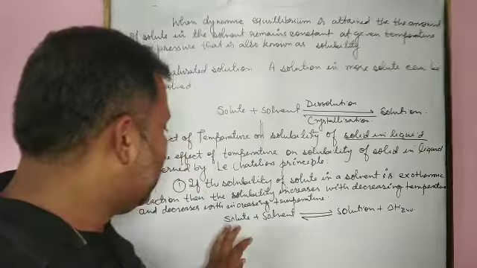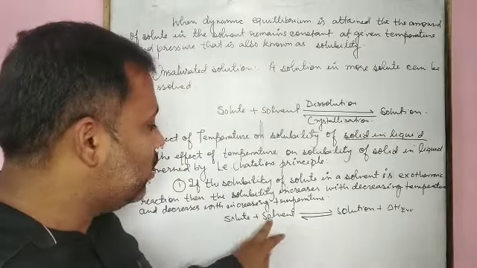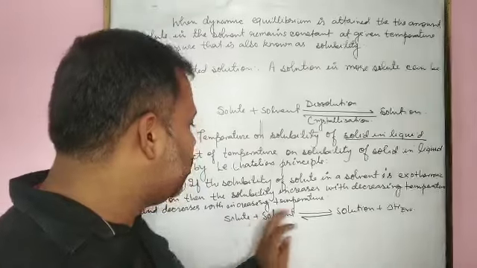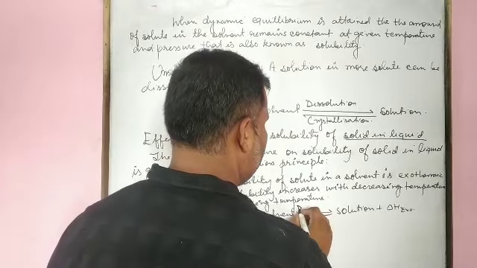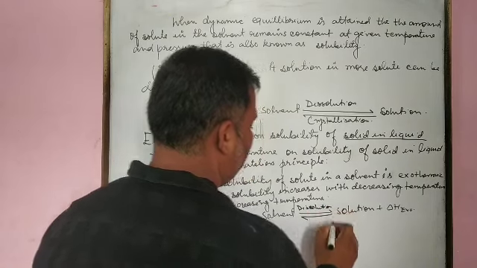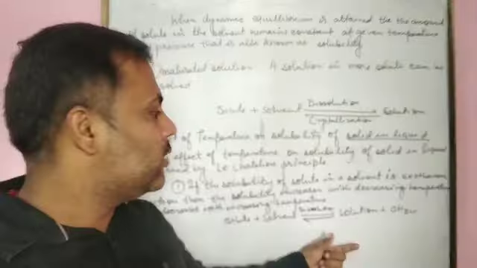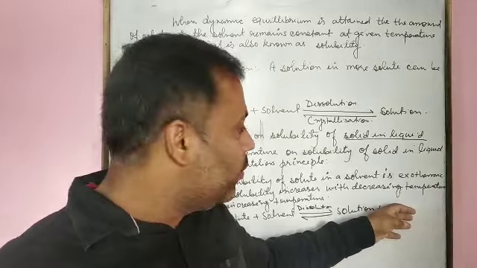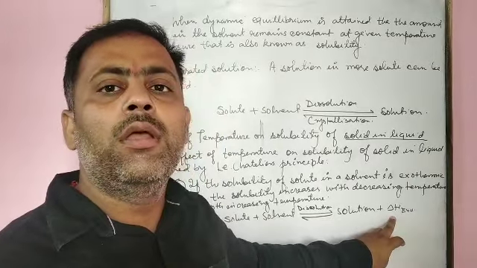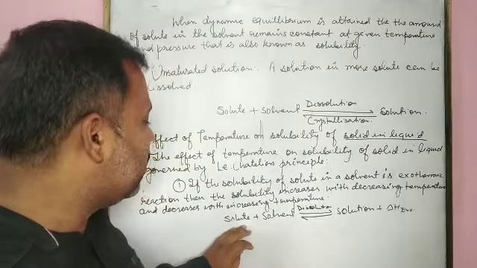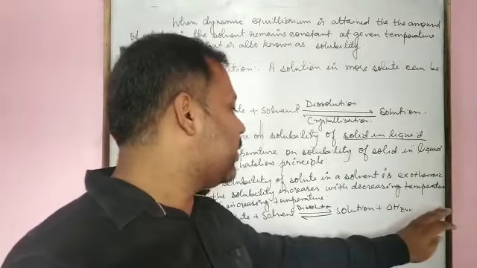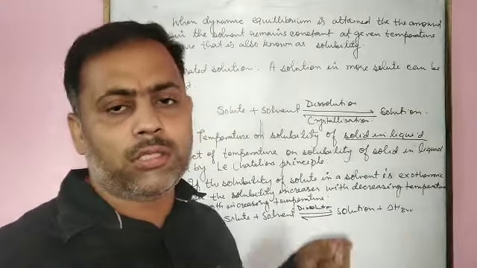It means if the dissolution of solute in the solvent is an exothermic reaction, then the rate of dissolution will increase on removing heat by decreasing temperature. If you decrease the temperature in an exothermic dissolution, it will proceed in the forward direction, so dissolution increases.